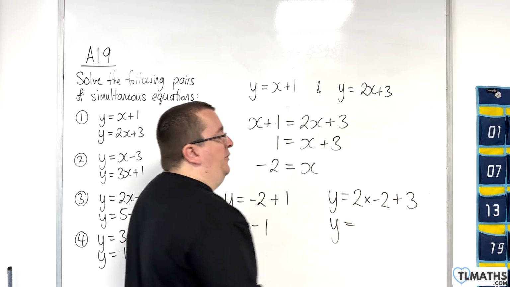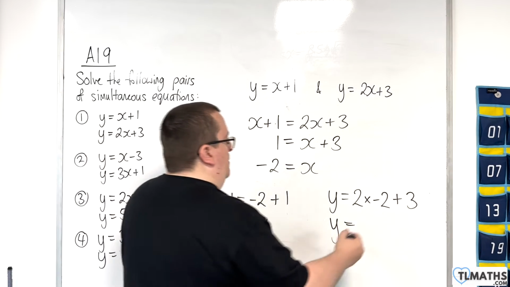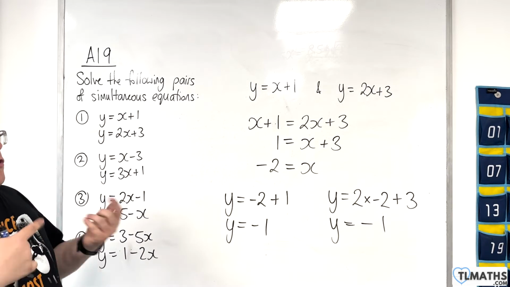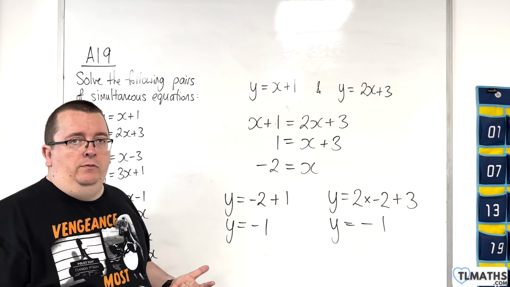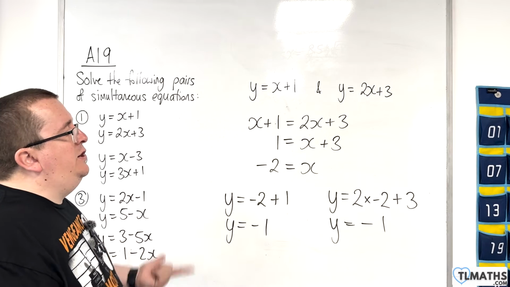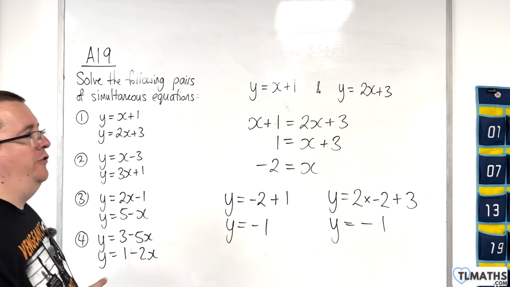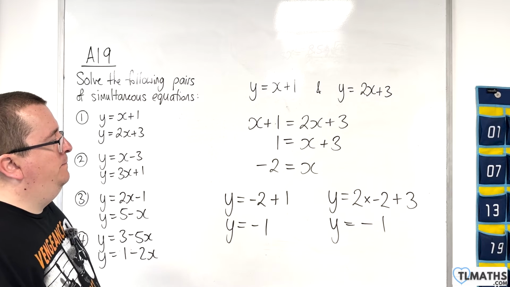So 2 lots of minus 2 is minus 4, plus 3 is minus 1. So you get exactly the same answer. So you don't need to substitute it into both. You would only do that if you wanted to check that your answer was right.